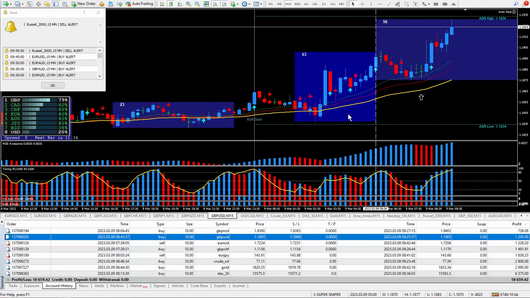Now the pound dollar, or any Forex pair that has the USD on the right hand side, it will pay $10 for each pip. So on this pound dollar, let's take a look at it.